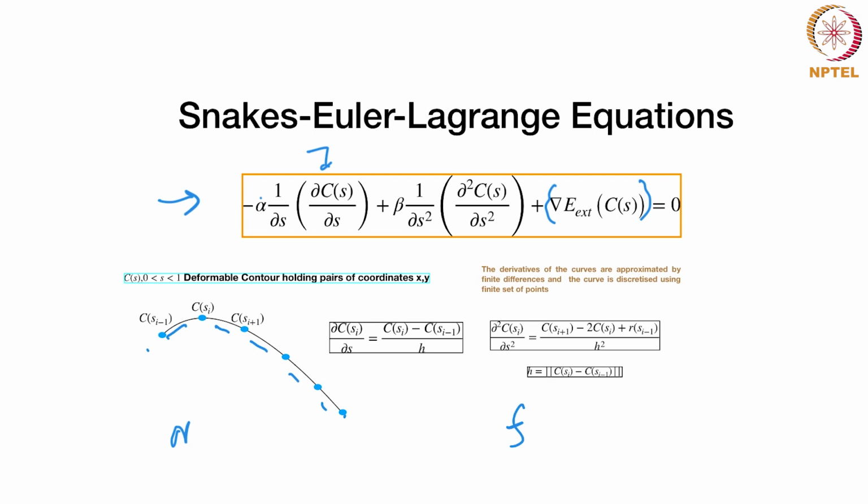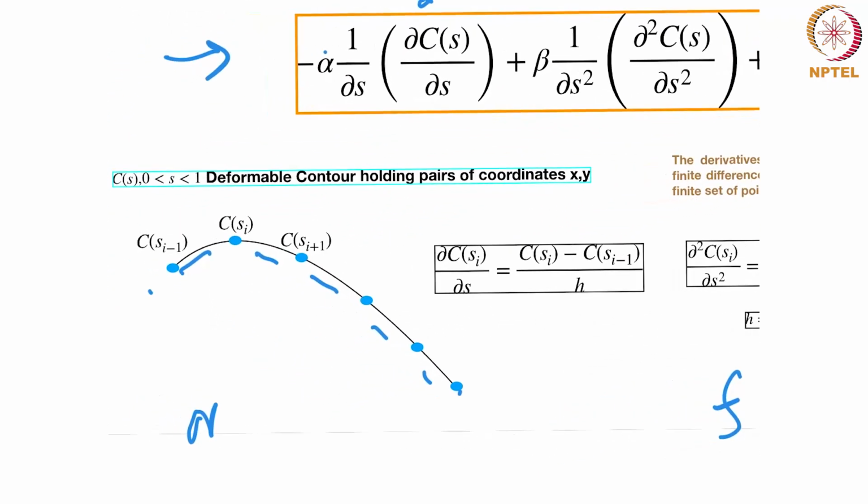The way you calculate the derivatives with respect to s, for any parameterization, is that you use your discretization itself. So, for instance, the first derivative, if I can zoom in a bit, is calculated by its finite difference approximation.